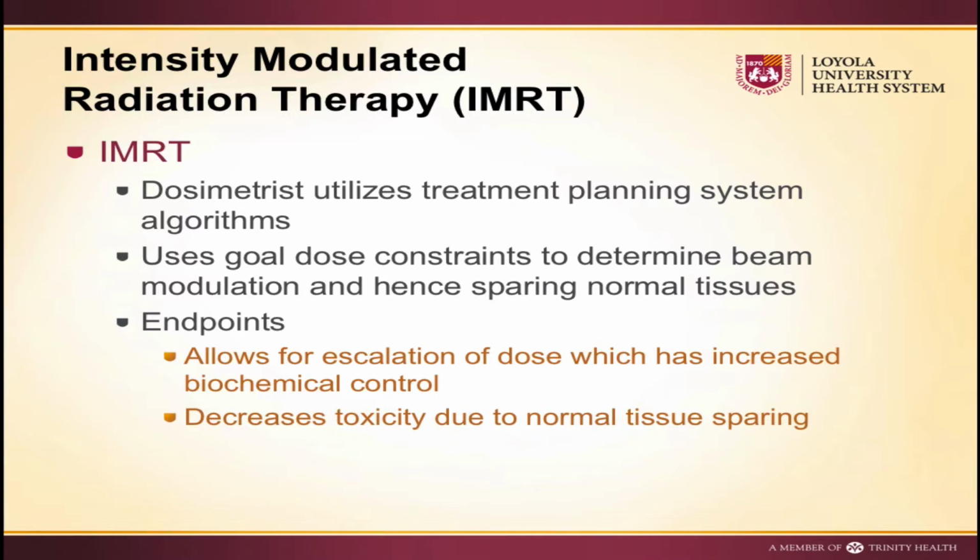What this allows us to do is decrease the dose to the normal tissues, which decreases side effects, and also allows us to deliver increased dose to the prostate, which we know improves the patient's control of their PSA.